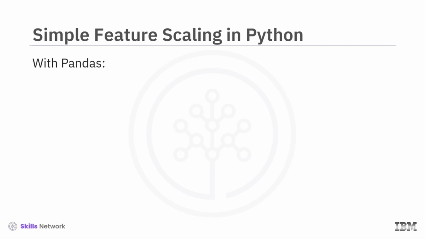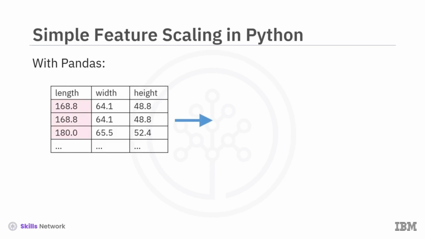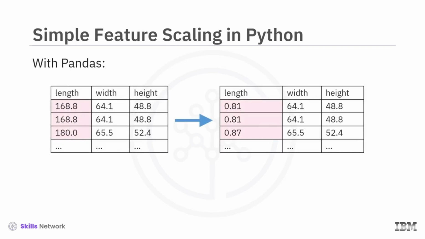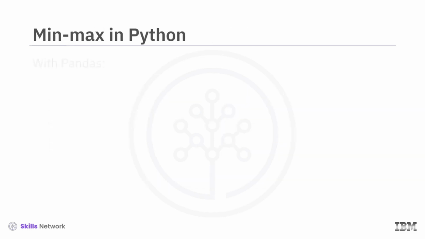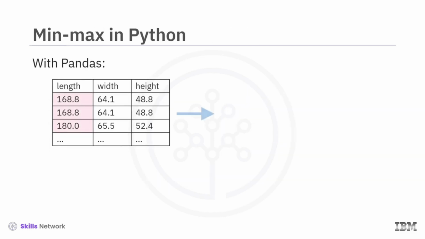Following our earlier example, we can apply the normalization method on the length feature. First, we use the simple feature scaling method, where we divide it by the maximum value in the feature. Using the Pandas method max, this can be done in just one line of code. Here's the min-max method on the length feature.